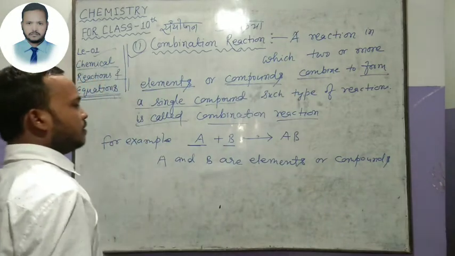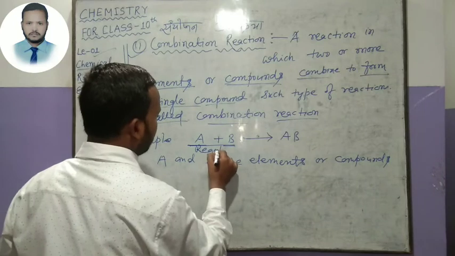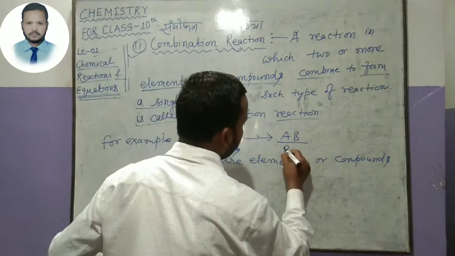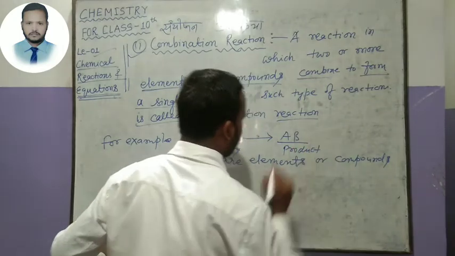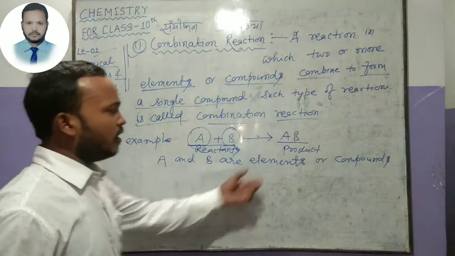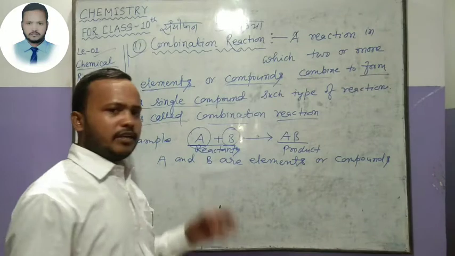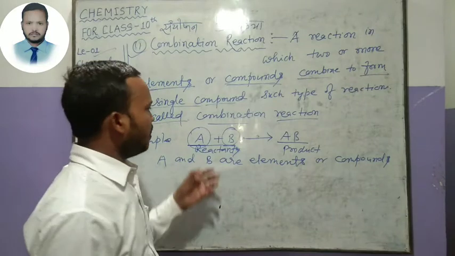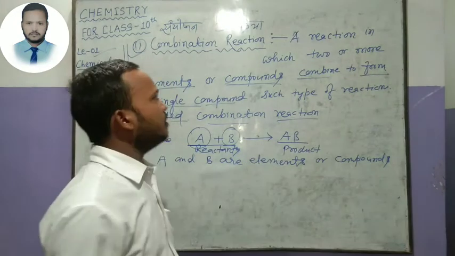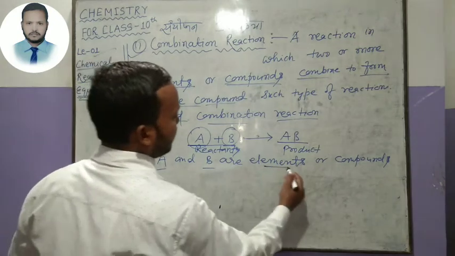These are the reactants, and this is the product. So there are two reactants, but only one product. That means when two elements combine to form only one compound, that is called combination reaction. Clear?